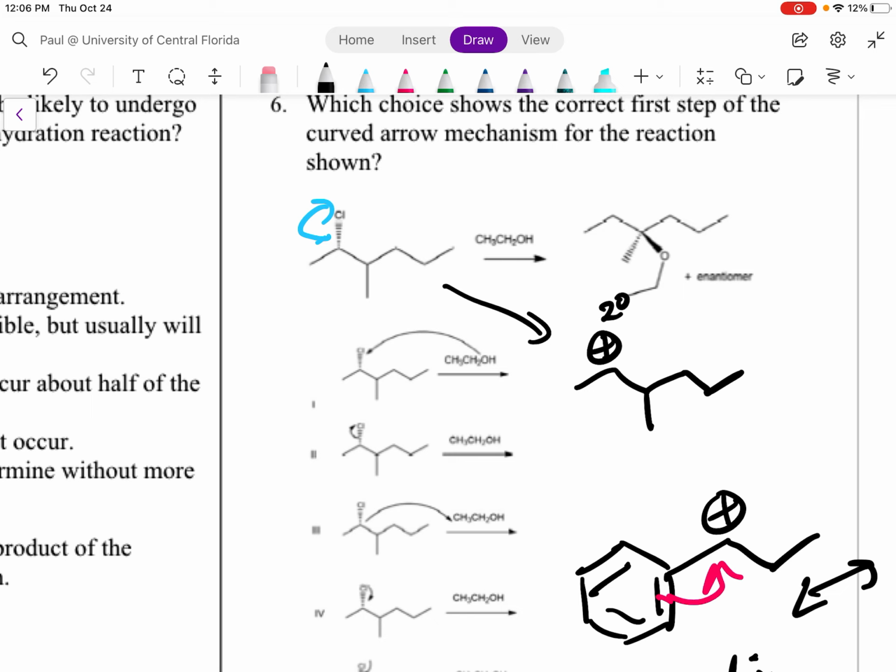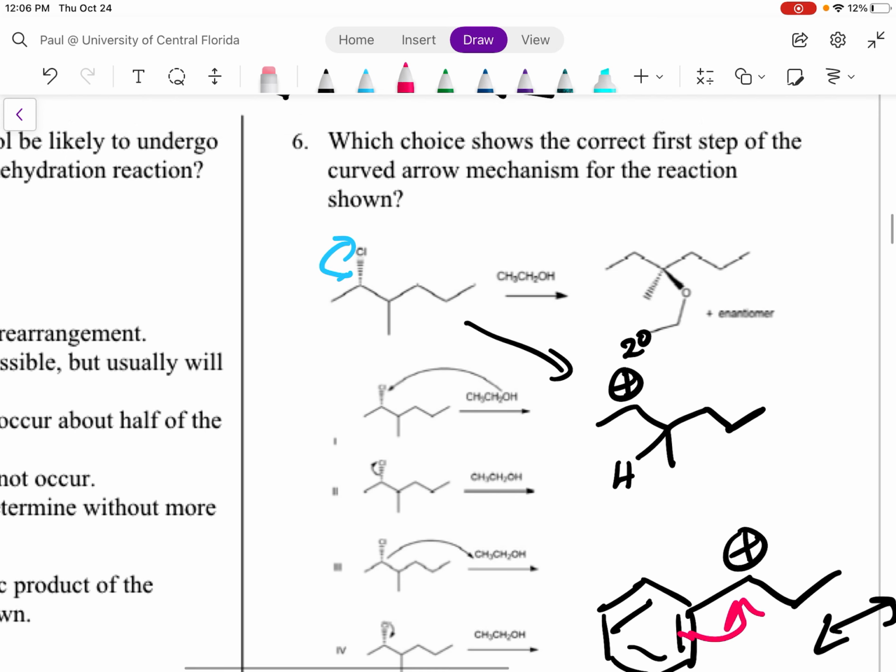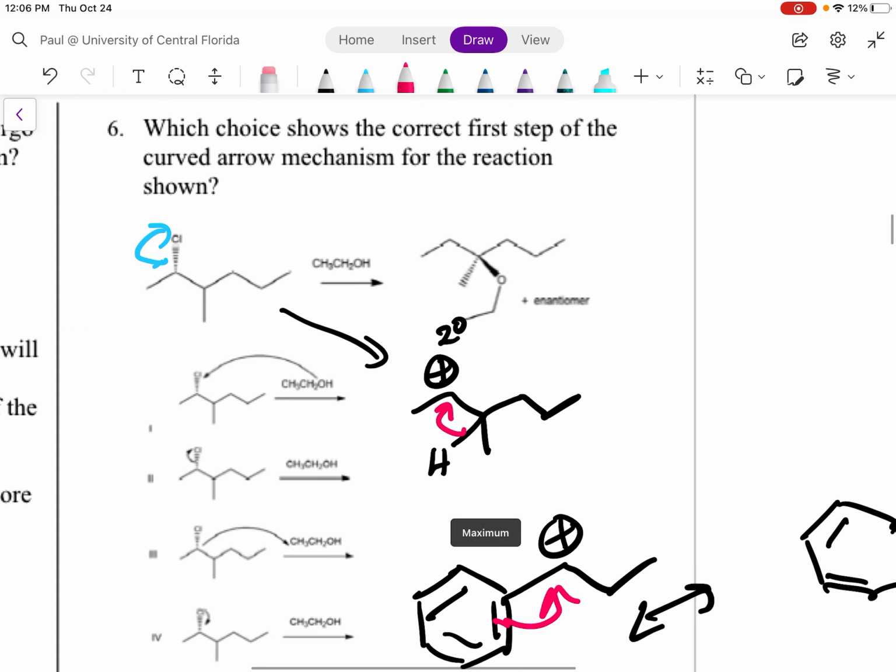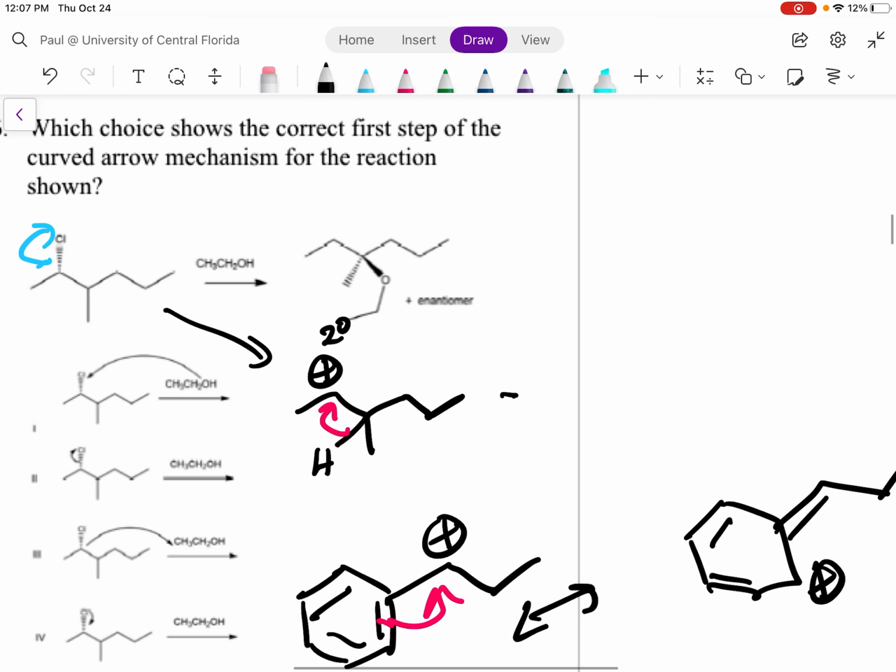Can we do a rearrangement? And hopefully you say yes, because we have a hydrogen right there that can do a hydride shift, which is going to give us this species right here. We added the hydrogen there. So we went from a secondary to a tertiary.